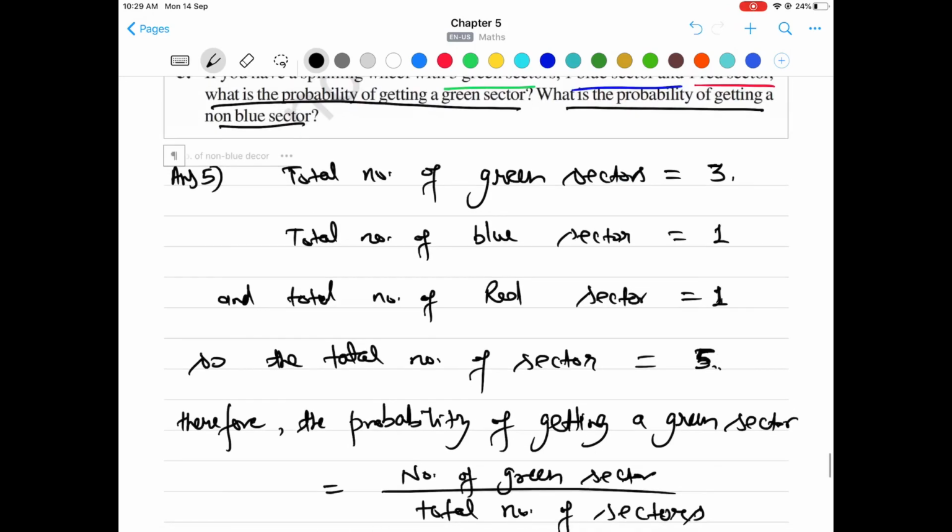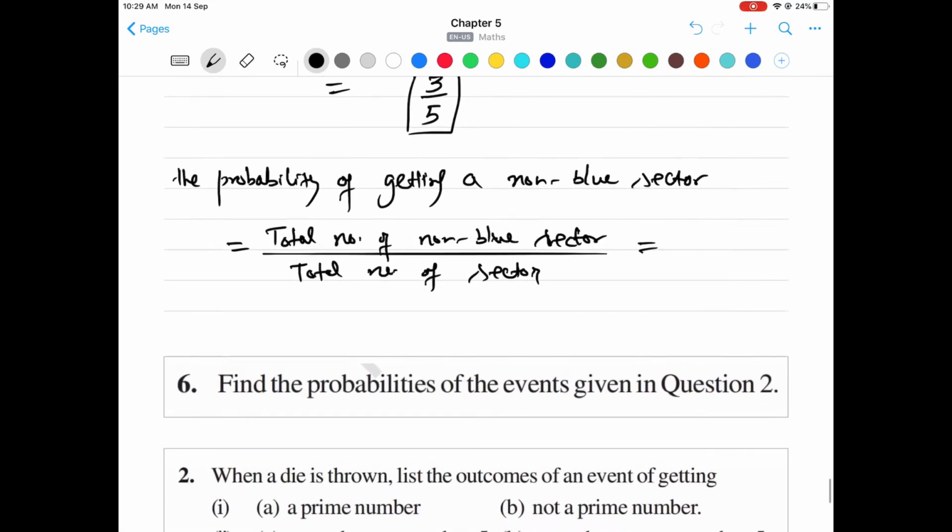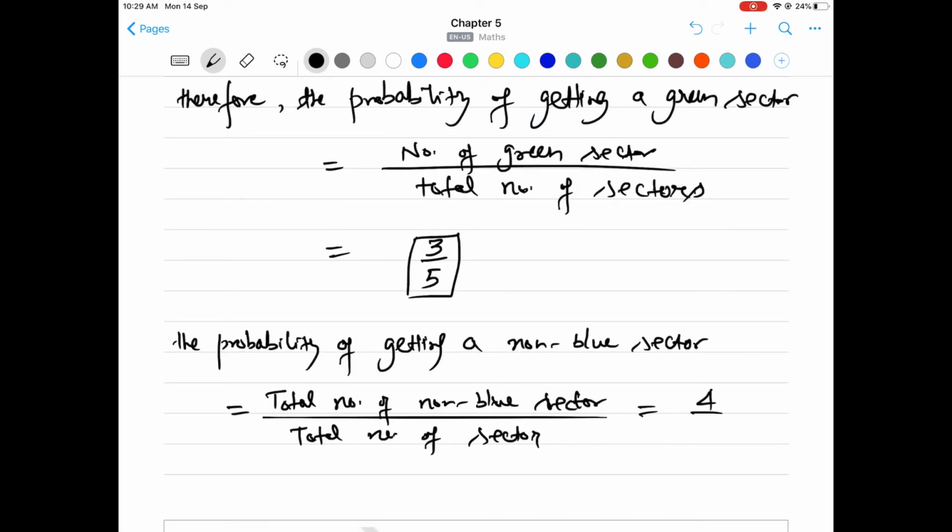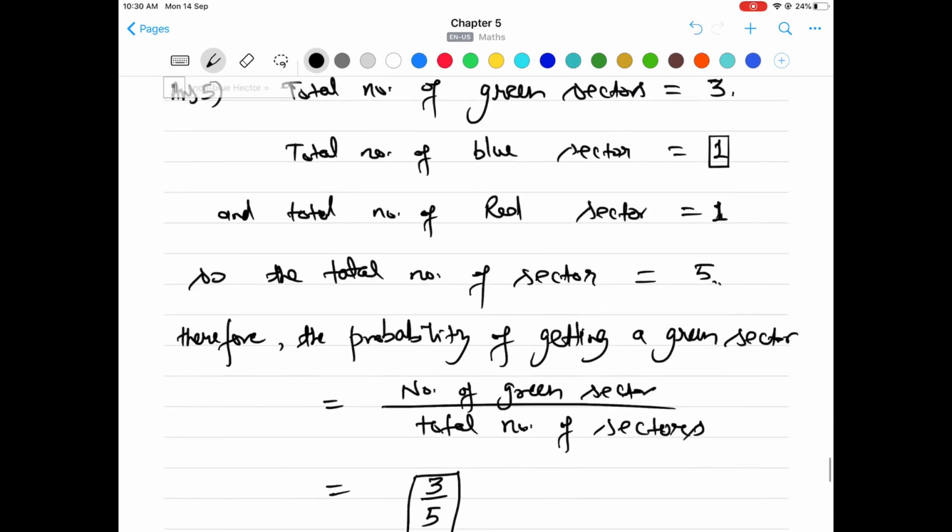So for non-blue, we just remove the blue one. Non-blue are 3 plus 1, which is 4. So the answer will be 4 by 5. Okay, so that's the probability of getting a non-blue sector, which is 4 by 5.